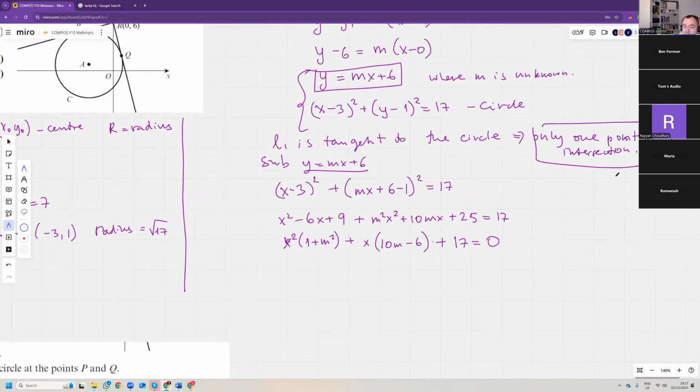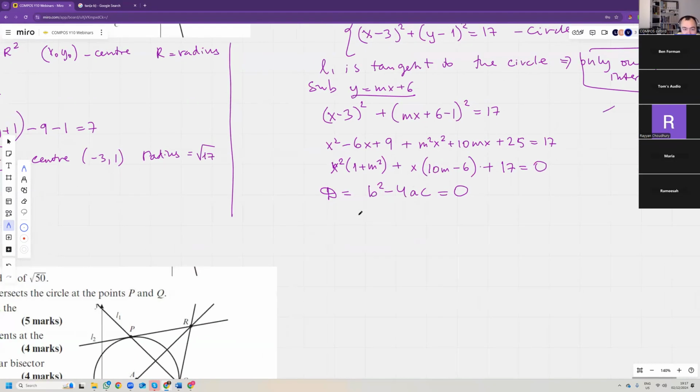That means that the discriminant is 0. So the discriminant, which is b squared minus 4ac, must equal 0. That means (10m minus 6) squared minus 4 times (1 plus m squared) times 17 must equal 0.